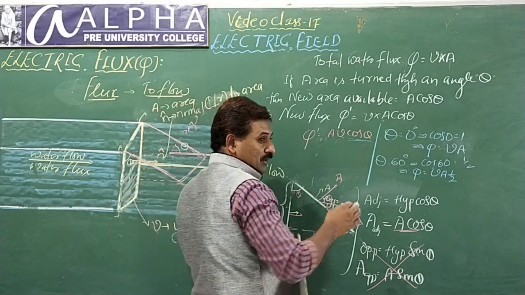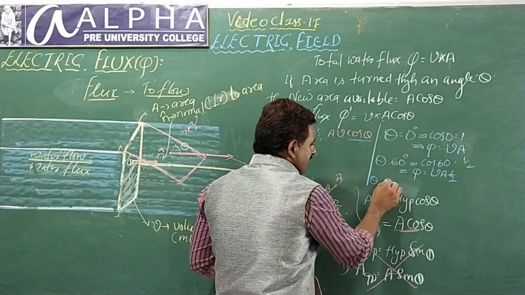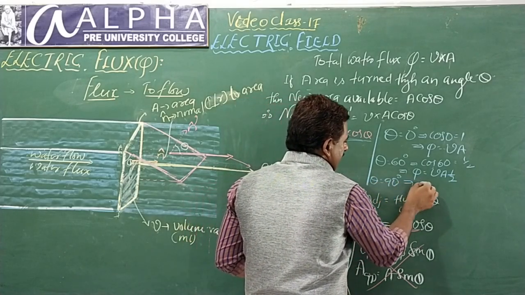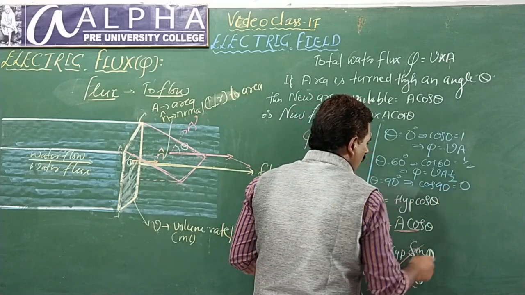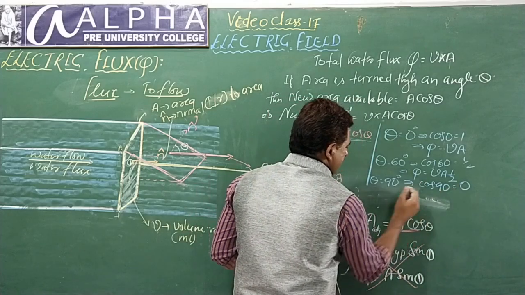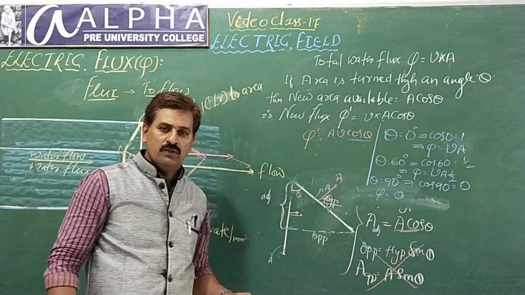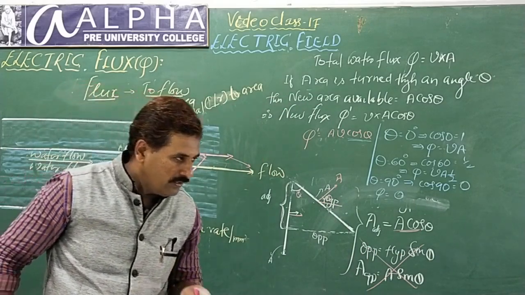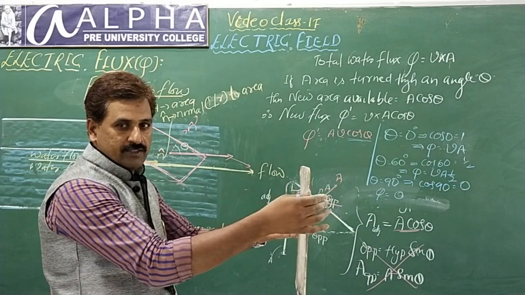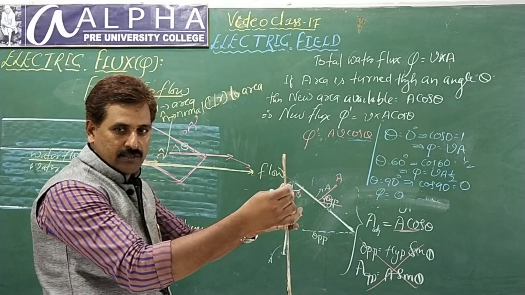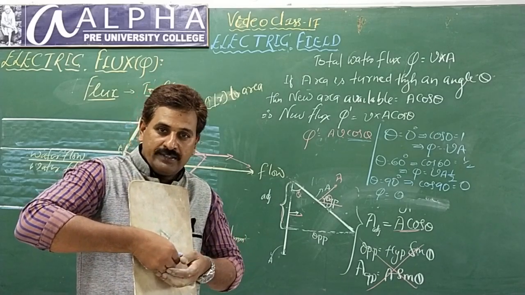Then the third one is very interesting and you can easily realize it. Theta equals 90. What is cos 90, students? You have learned in your regular class cos 90 is 0. Therefore, what is flux? Flux phi equals 0. Is it true? Yes. If water is flowing like this and I hold it, entire water flows through. This is the 0 angle position. Once again, 0 angle means normal and the direction of flow are the same.